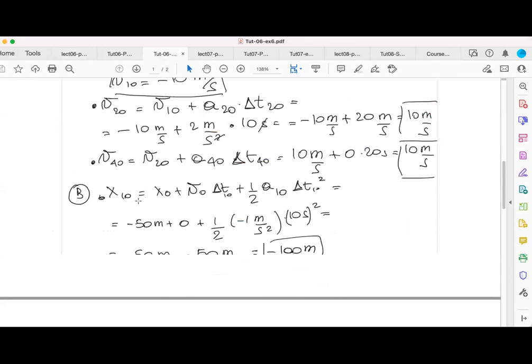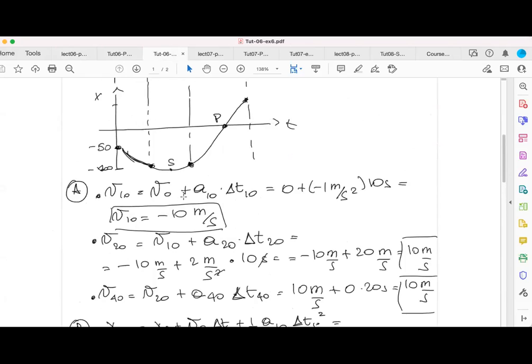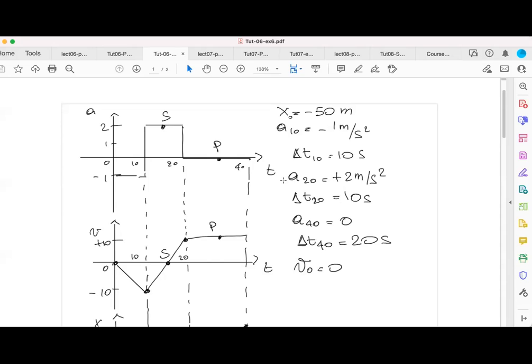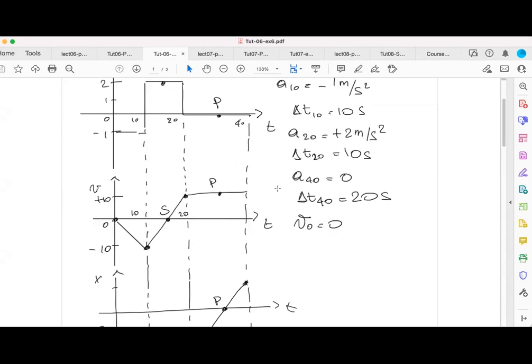So in the first 10 seconds, we have x naught plus v naught delta t, in the first 10 seconds, plus 1/2 the acceleration of the first 10 seconds times delta t squared. So we know that x naught was -50 meters. We wrote it up here. It was the beginning of the problem saying we start from minus 50 meters.